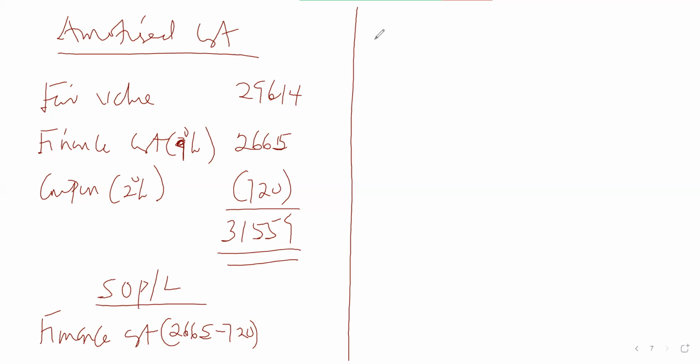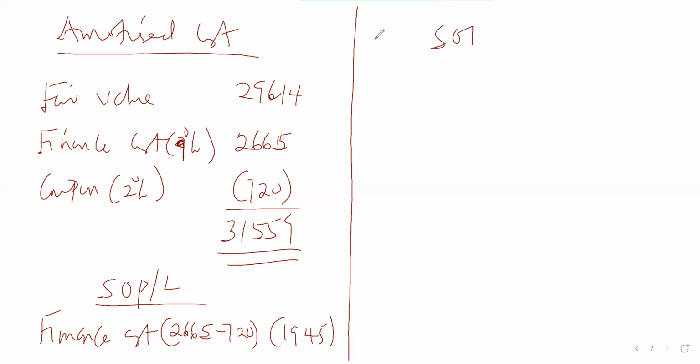But if we are calculating it, because some part of it is for equity, we have to factor in the equity component so that we use the effective interest rate, which is the 9%. So 2665 minus 720, what are we going to get? 1945. So this will be the amount that we add to the finance cost because they already have 720 there.